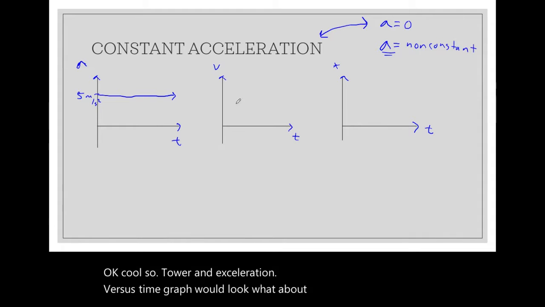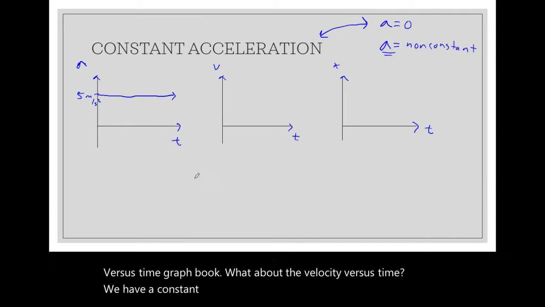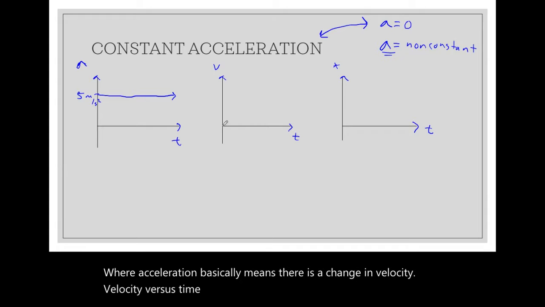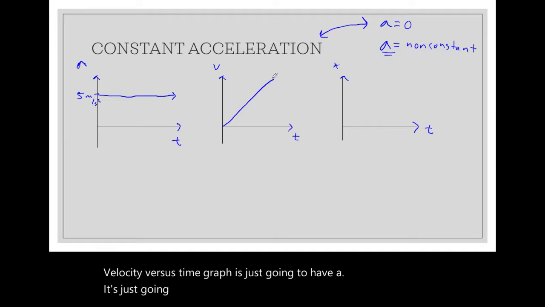What about the velocity versus time? Well, if you have a constant acceleration, where acceleration basically means there's a change in velocity, the velocity versus time graph is just going to be steadily increasing.